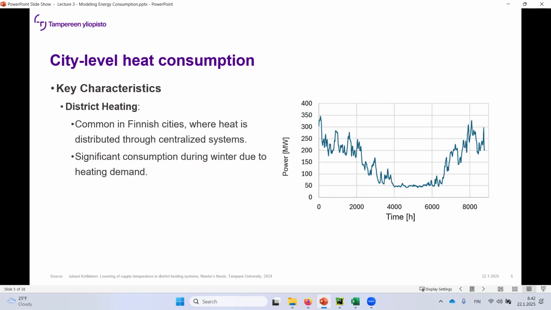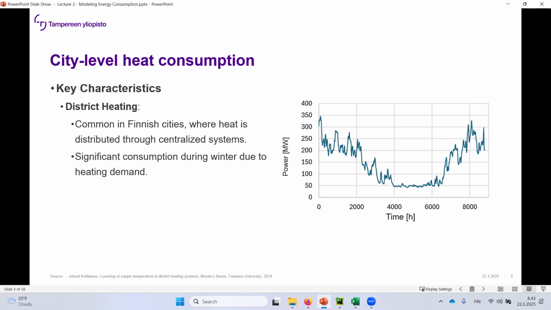So significant consumption during winter due to heating demand, and this puts the district heating network operator in a kind of a pickle, because during summertime you have barely non-existent consumption. It's only hot water that you have to produce in here.